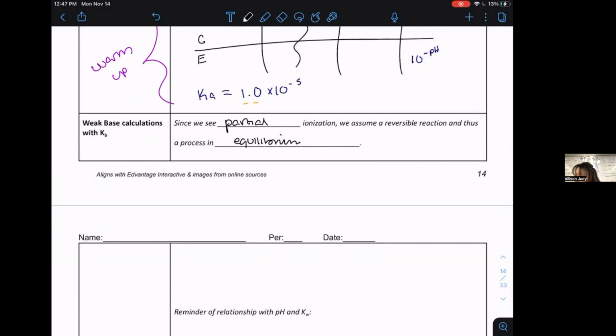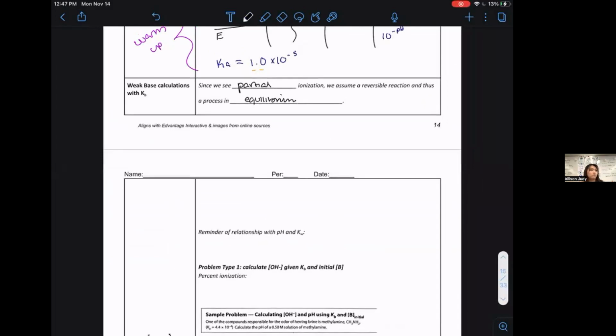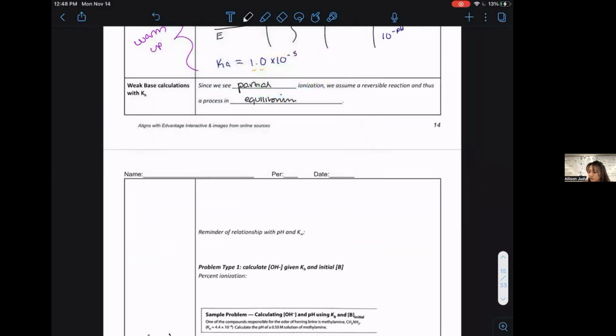Okay, so for the first type of problem, there is a quick note that you want to remember: the setup for a general base equation, which is base plus water goes to protonated base and OH minus.